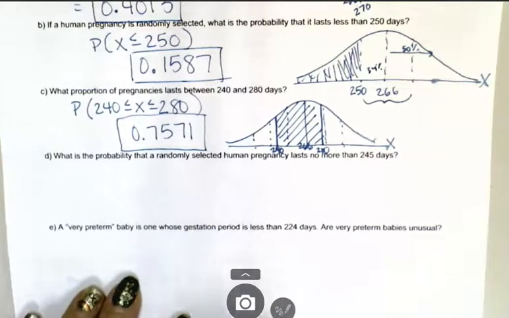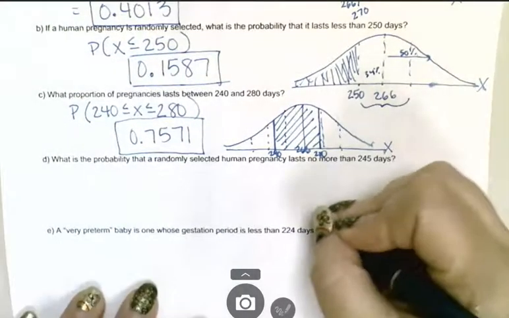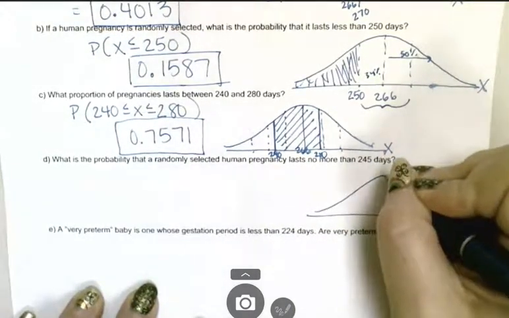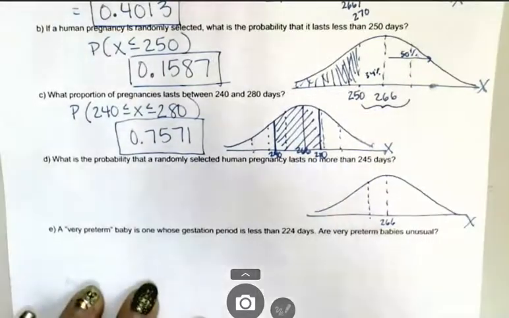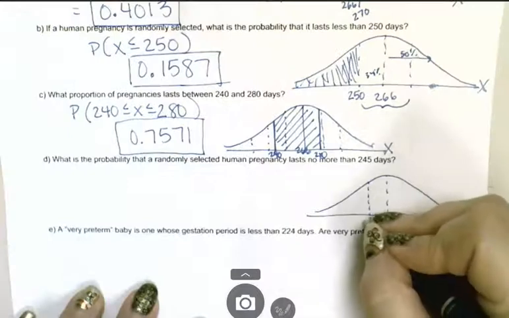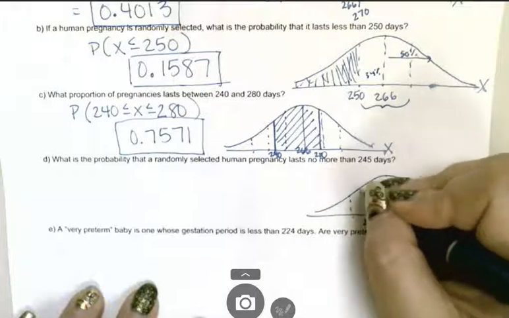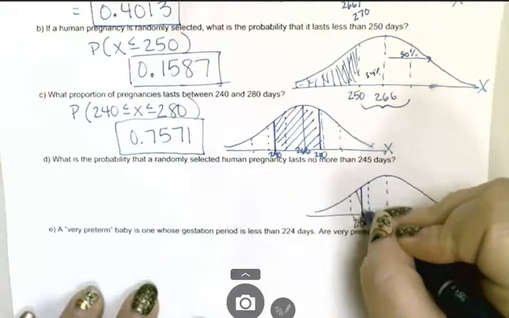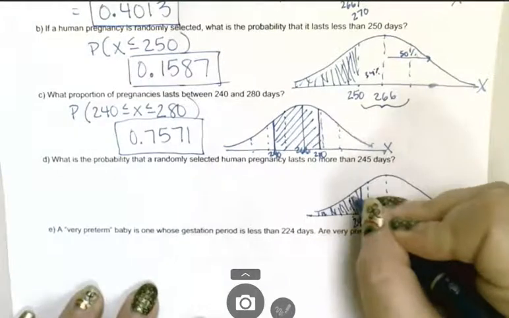Almost there, guys. I know. I'm sorry. What is the probability that a randomly selected human pregnancy lasts no more than 245 days? So 266 is my mean. I know that 1 standard deviation below is 250. So 245 is about right here. So 245 is labeled, and no more than means that amount or lower.